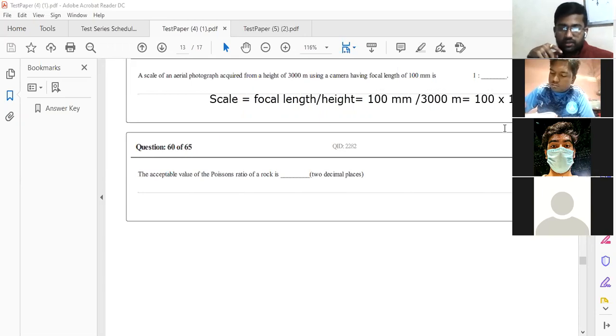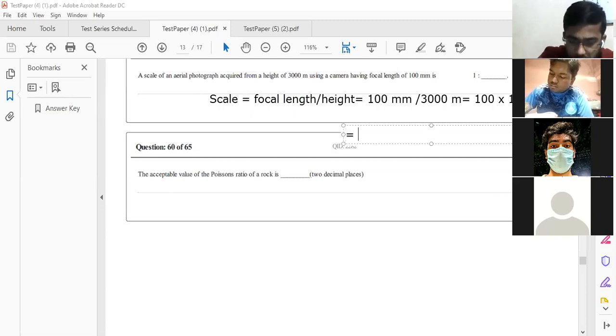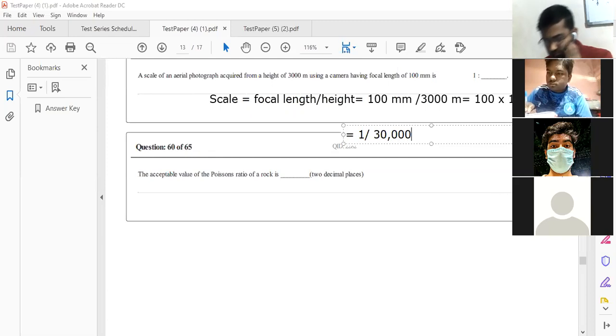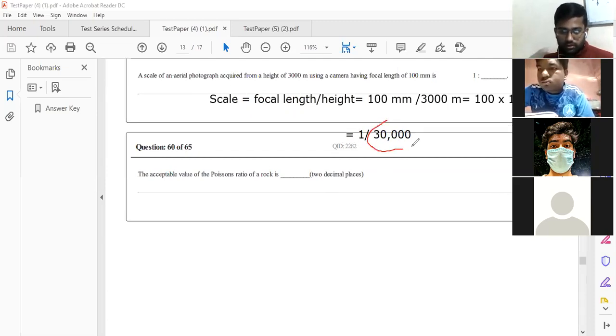Now meter gets cancelled. So you'll get 1 divided by 30,000. Okay, so your final answer is 1:30,000.